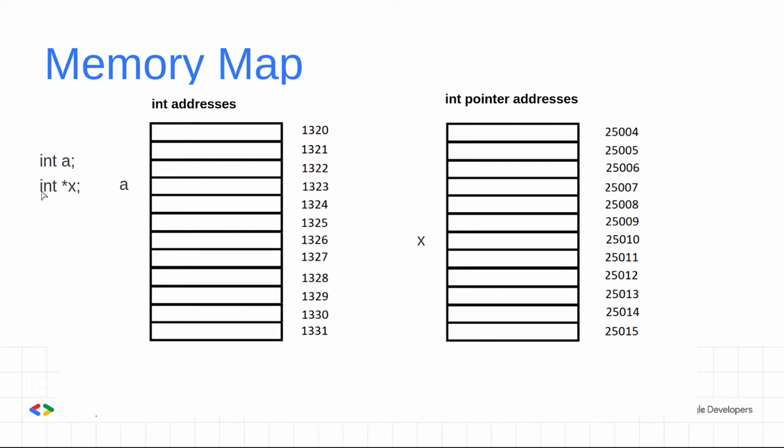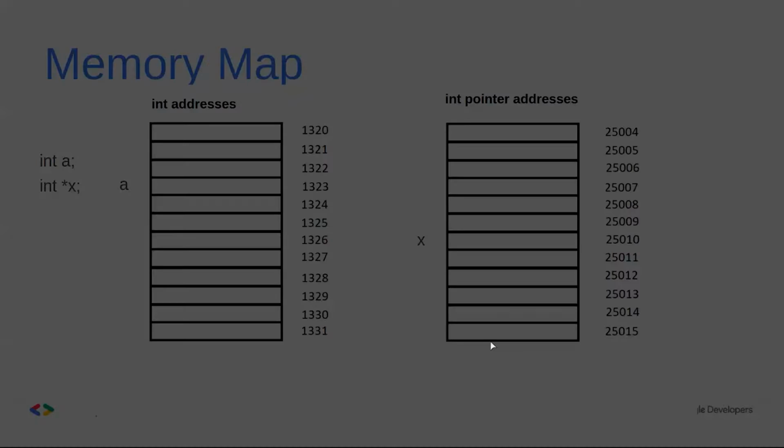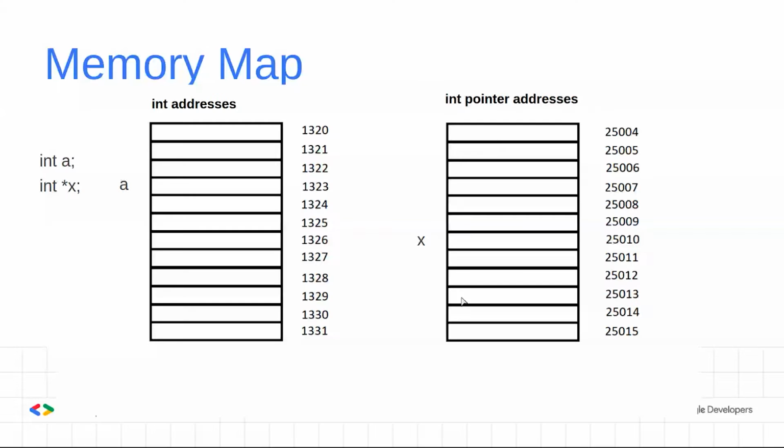And similarly, when I say int star x, I explained just now what int star x semicolon means. It means that we are declaring a variable x that is of the type int star. So basically, it will be allotted an address from this area, because I mentioned in the previous slides that this is an area. Sorry, I clicked by mistake. This is the area where integer star type variables, the pointer variables, will be allotted memory.